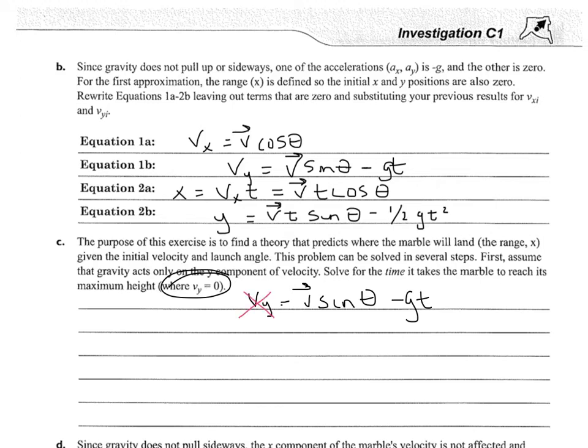So we can rearrange this equation and we have gt equals V arrow sine theta. And again, as much as it seems like something different, we know everything here except time. So time will equal V arrow sine theta divided by g.